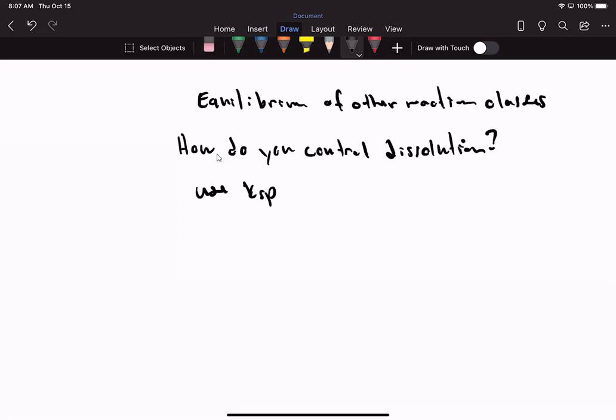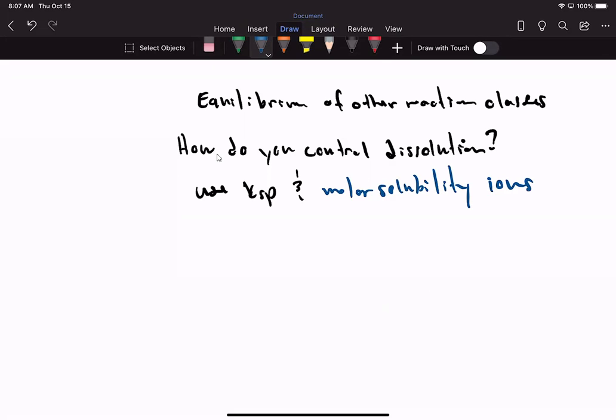We calculate the molar solubility of ions.